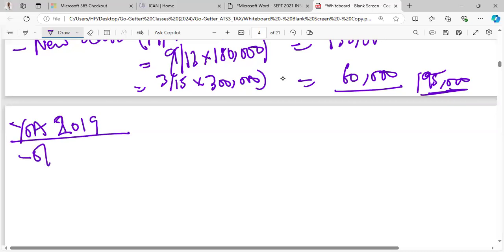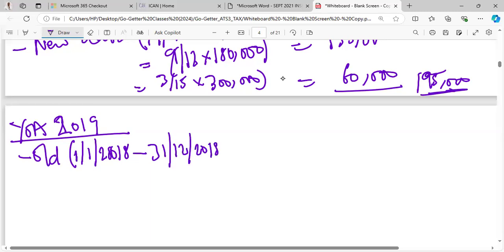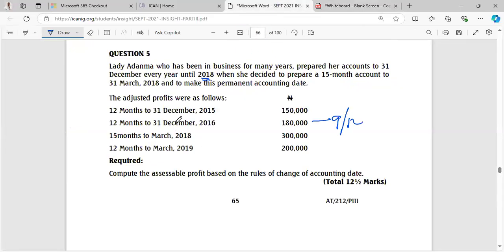So I'll start with the old. So it means the old is from January 1, 2018 to 31st December 2018. Where can we find January 1, 2018? We have to find it inside these 15 months.